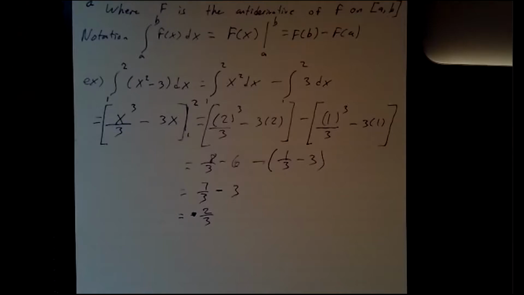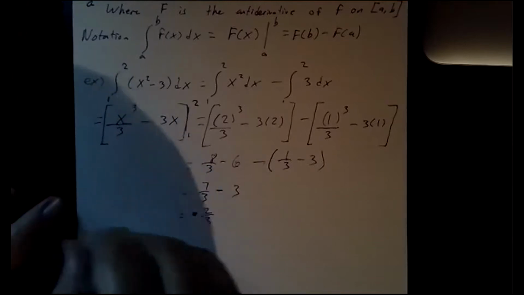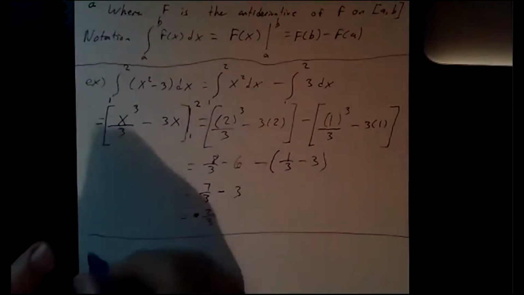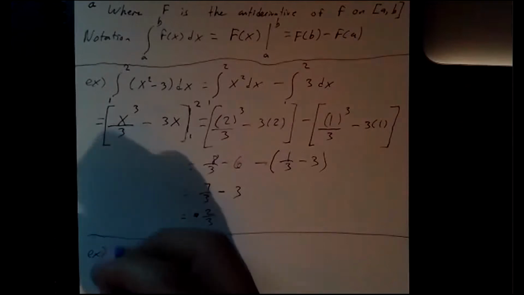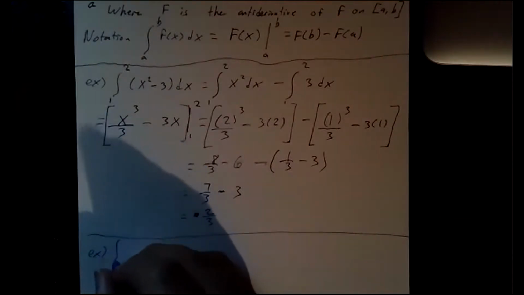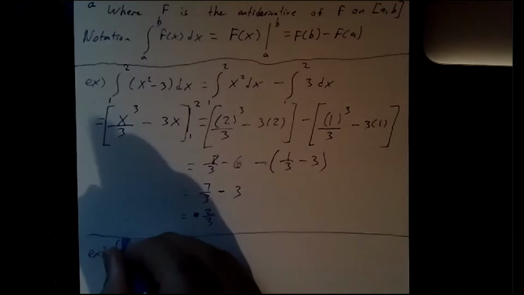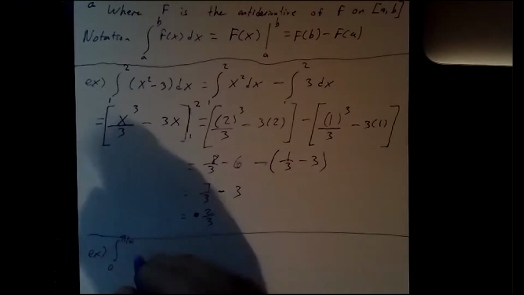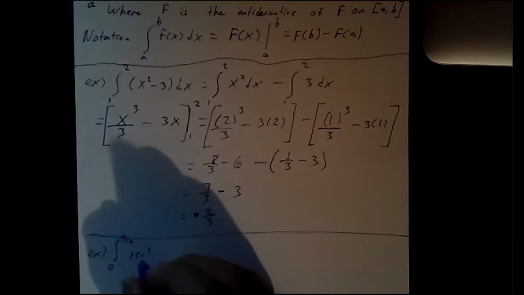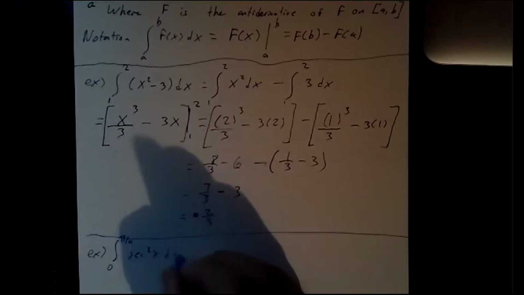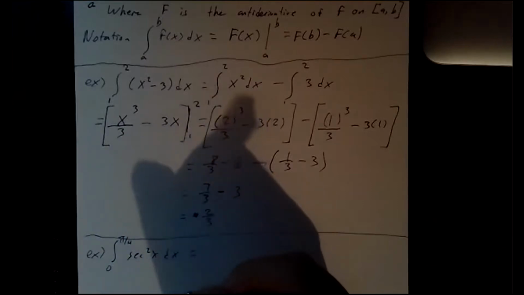All right, let's do another one here. The integral from 0 to pi over 4 of secant squared x dx. So what is the antiderivative of secant squared?